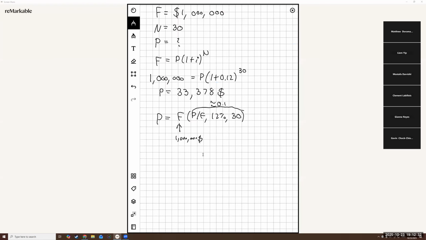That's not accurate, right? Because it's for 20 terms, not 30. But yes, I understand. So then you would multiply the $1 million by that factor, 0.1. So the entire term inside the parentheses is going to be equal to the value found in the table. Exactly. Okay, that was my difficulty, I got the answer. Thank you very much.